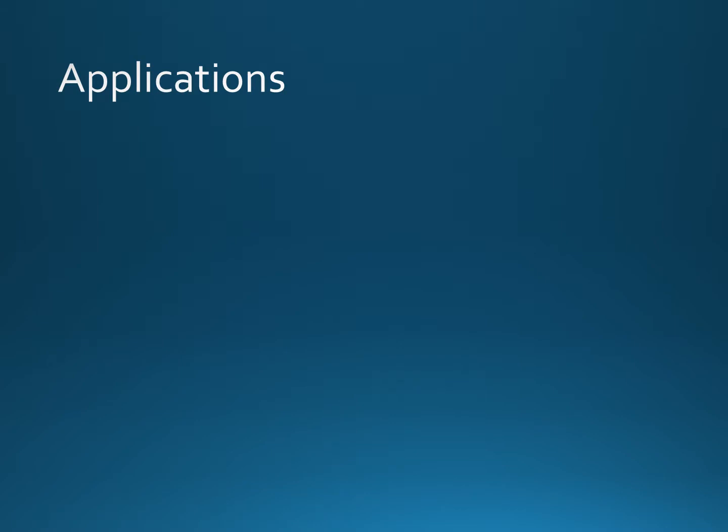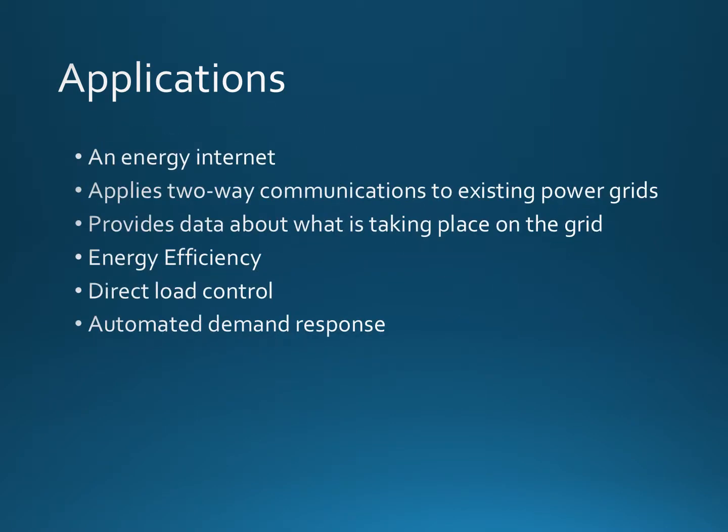Some of the applications that come with smart grid technology are energy. It's an energy internet basically, and it does connect to the internet. It connects to your Wi-Fi. Like myself, I have what I call a Wi-Fi smart thermostat.